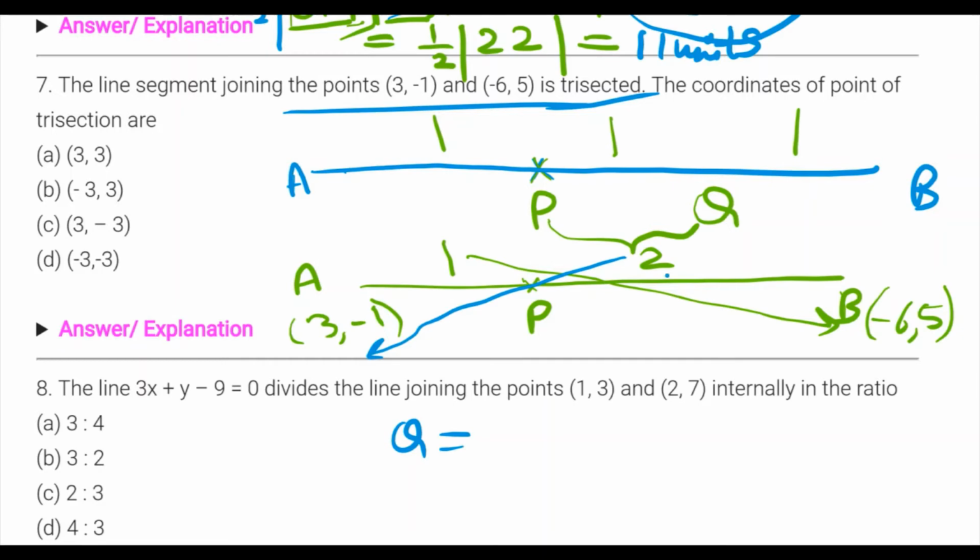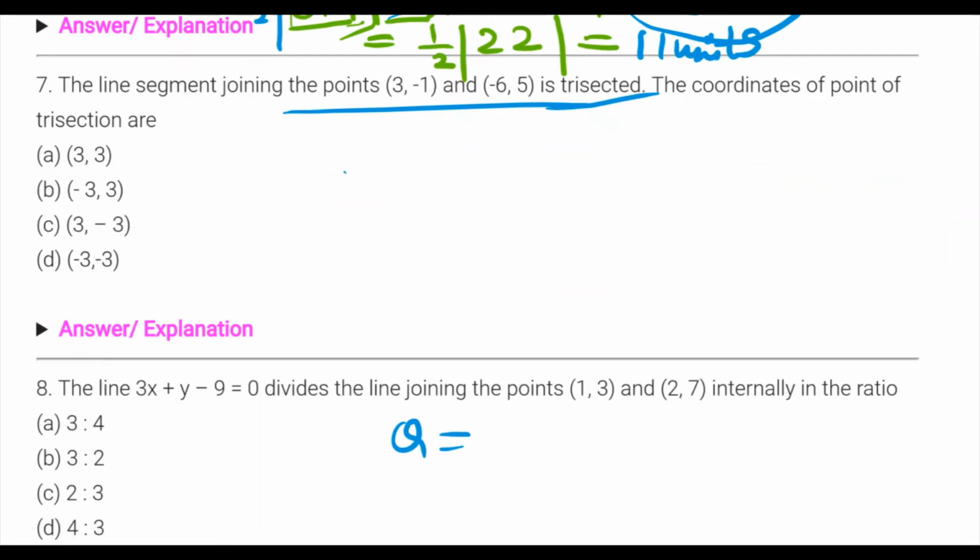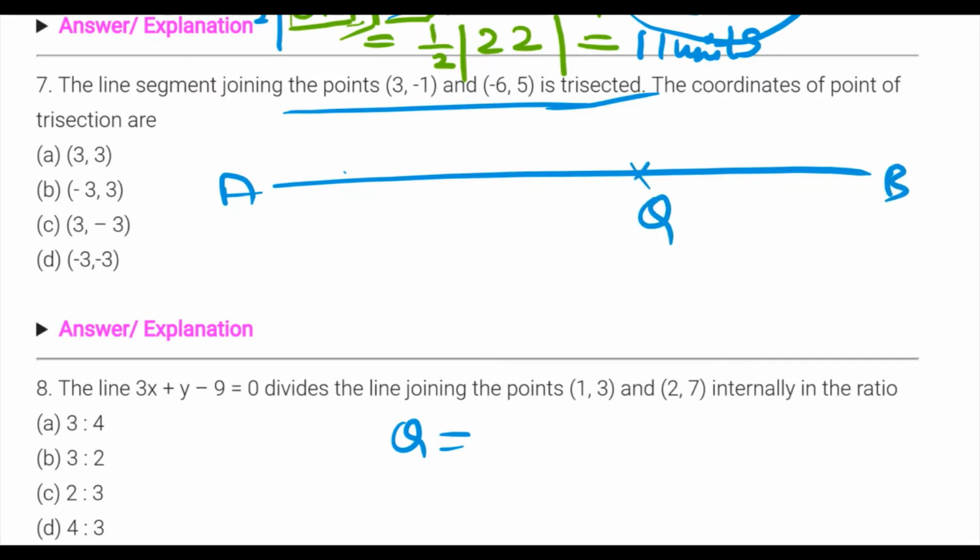If I take the coordinate Q here, this will divide in the ratio 2:1. Let me erase this and write clearly. So this is AB, Q is here, which is a ratio of 2:1, A is 3, -1, and B is -6, 5.